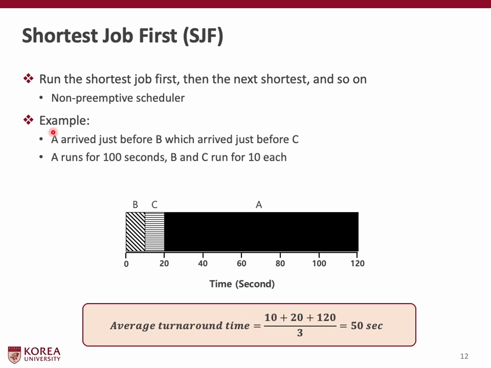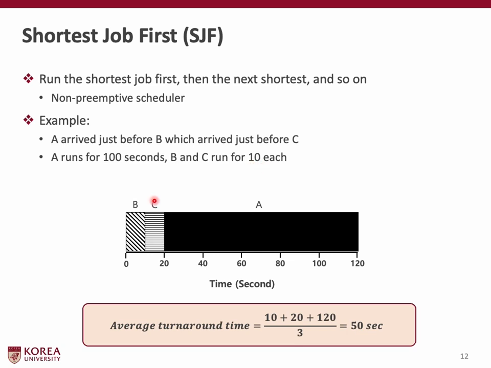Okay, then let's revisit our earlier example. There are 3 jobs, A, B, and C, and they arrive at the same time. A needs 100 seconds, while B and C only need 10 seconds each.